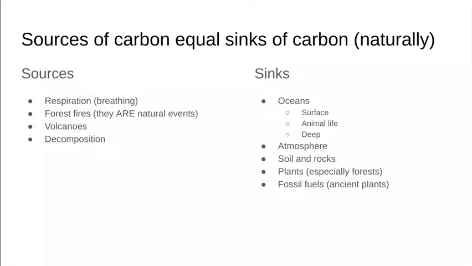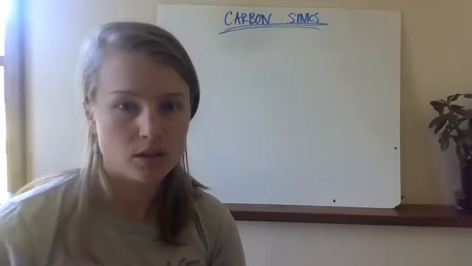Our atmosphere holds carbon, soil and rocks can hold it, and plants, especially huge, immense forests like the Amazon rainforest right along the equator, are storing all of that carbon. And then fossil fuels, or ancient forests and plants, are storing that carbon underground. Let me show you a little picture of that.